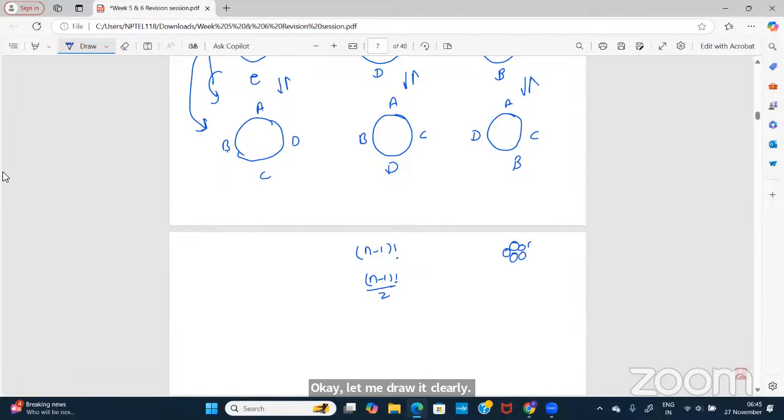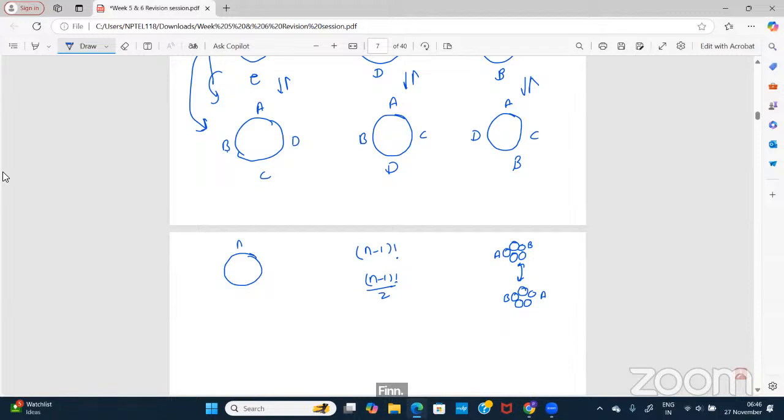Suppose this is your B and this is your A, and you have just flipped it. So this will be your B and this will be your A. But you can see that in both cases, the necklace or the bracelet is the same, right? So here clockwise and anti-clockwise will be the same. But suppose you have a circular table which you cannot flip.